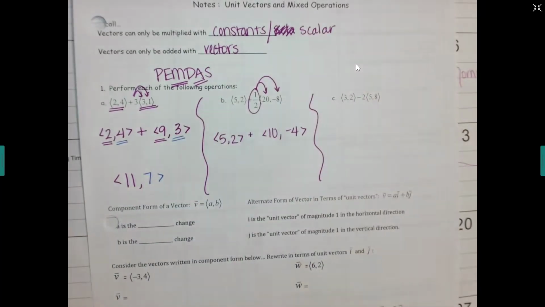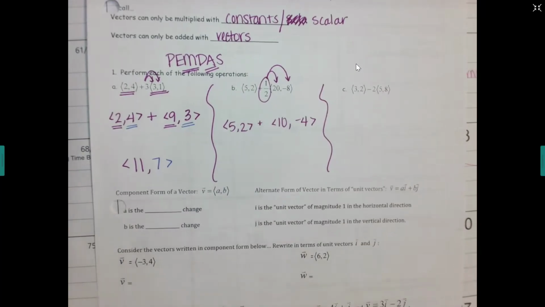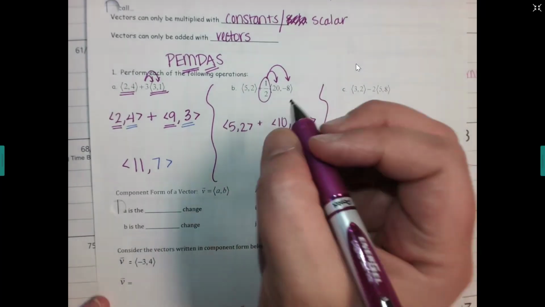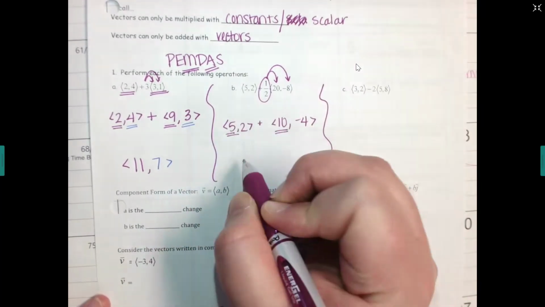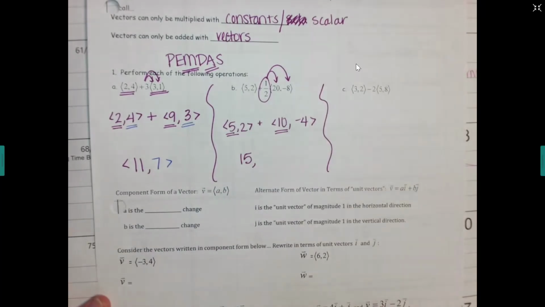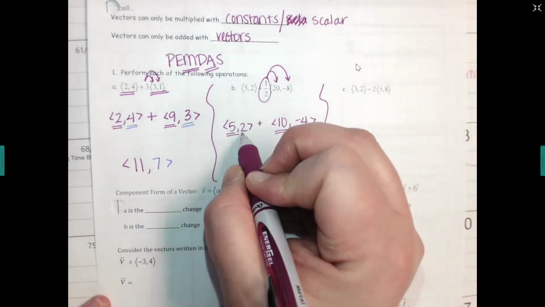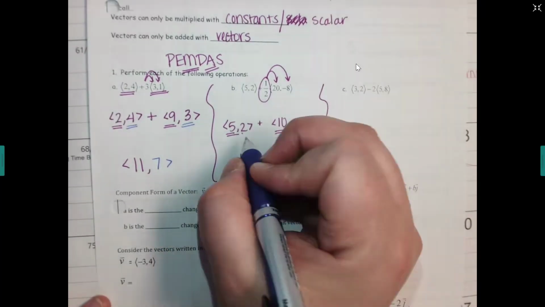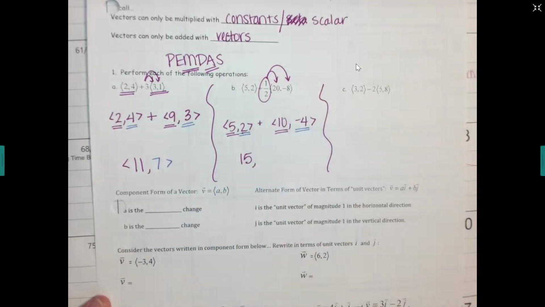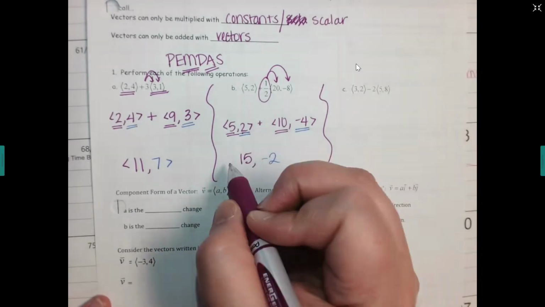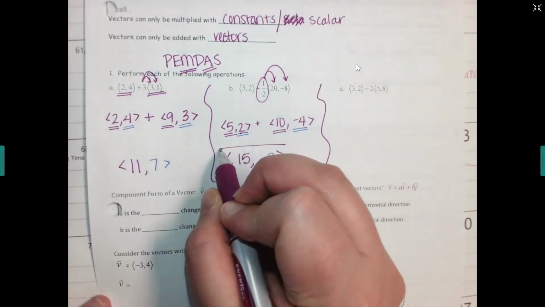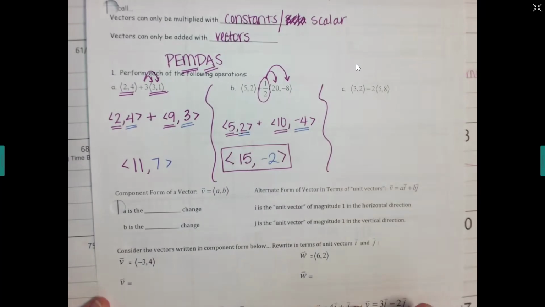When you're adding, the x's go together and the y's go together. 5 and 10 gives me 15. And my y's, add them up in the calculator if you need to. What is 2 plus -4? -2. Very good. The way that you denote that this is a vector and not an ordered pair is that you use the pointy brackets.